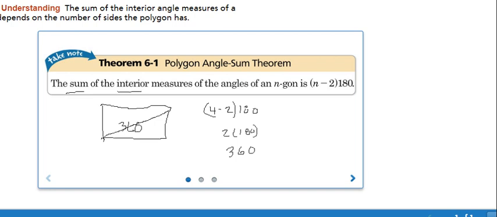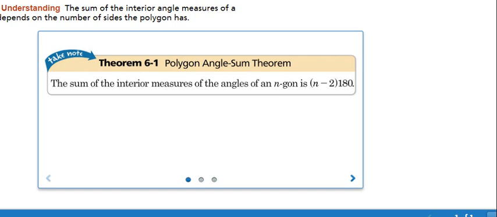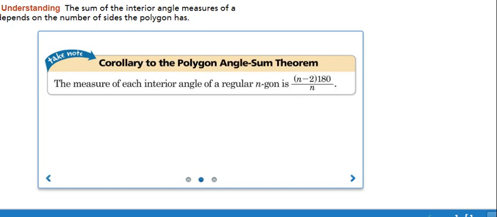Okay, make sure you have that formula written down, and we'll go to our next key concept. Our next key concept is the corollary to the polygon angle sum theorem. We found the total sum, and we also have a formula to figure out the measure of each interior angle.